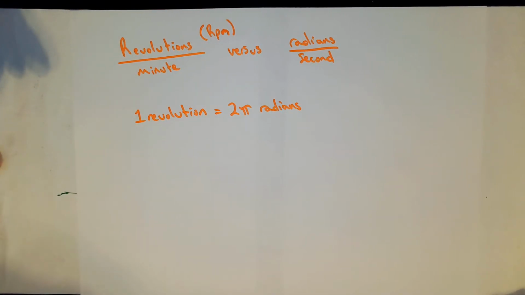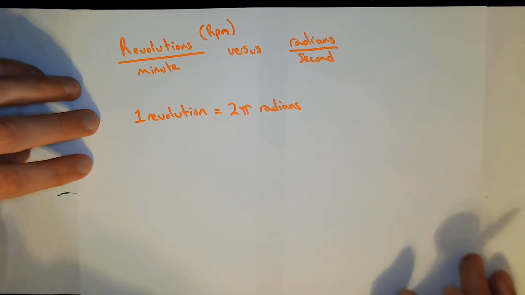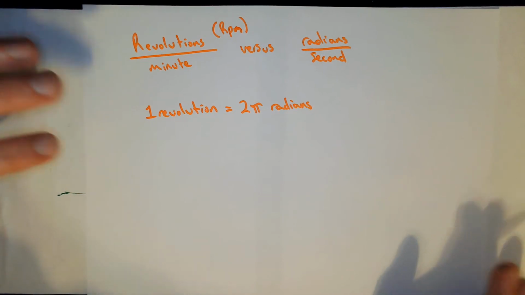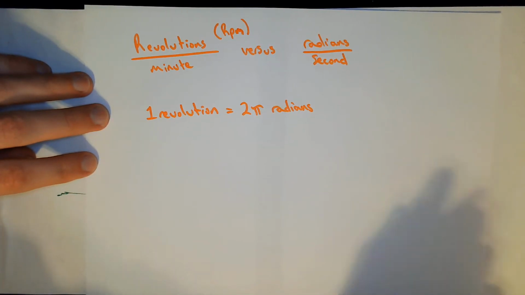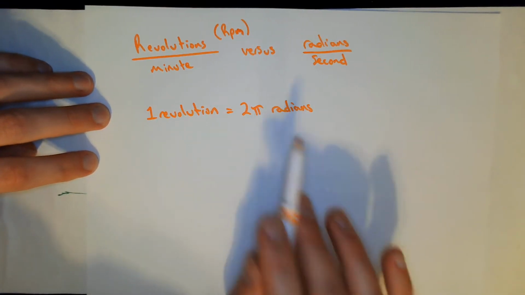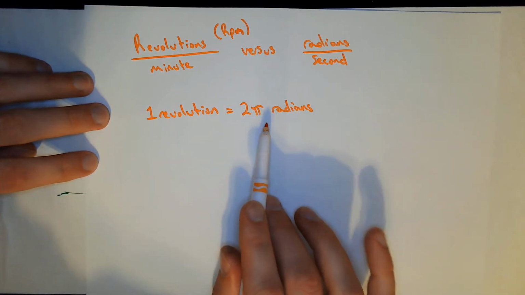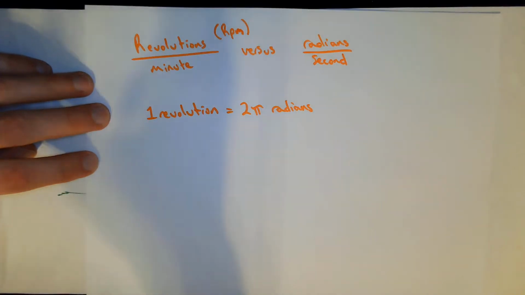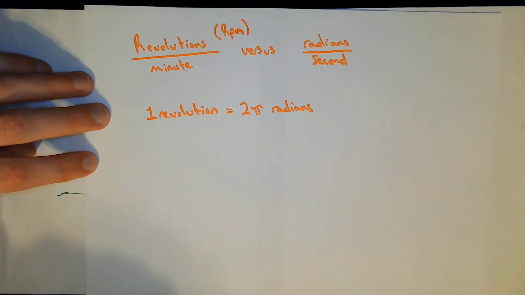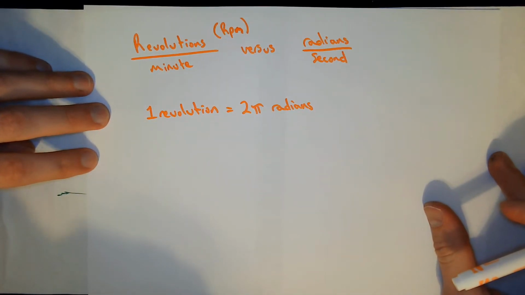So this was terminology that was probably used in your trig class or maybe even in trig tutoring, when we describe a whole revolution as 2 pi. Technically, it's really 2 pi radians, right? And that idea from trig is going to hold true here.